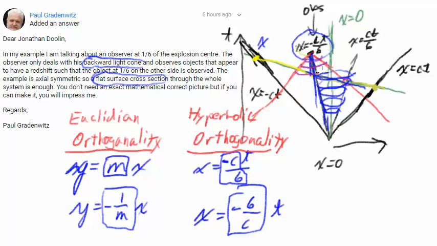But one of these represents, well, let's just call them observable and unobservable. What's going to be observed is every spot where this light cone meets with that light cone.